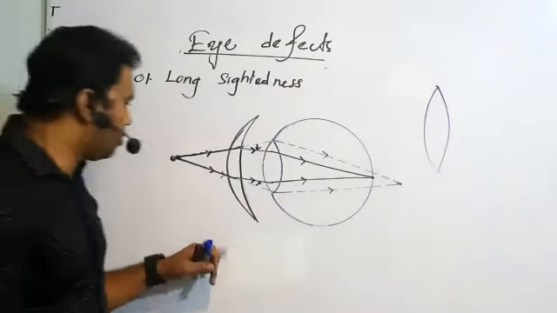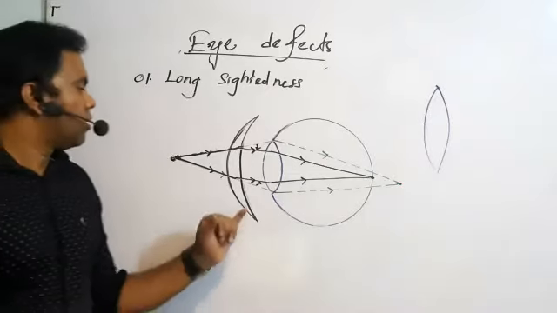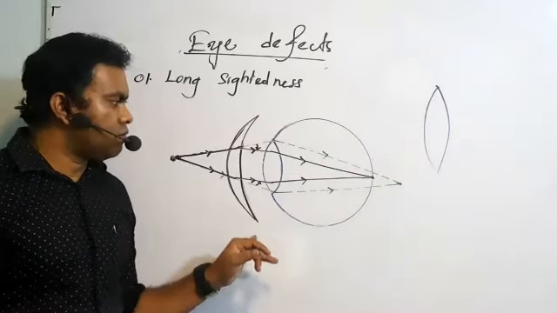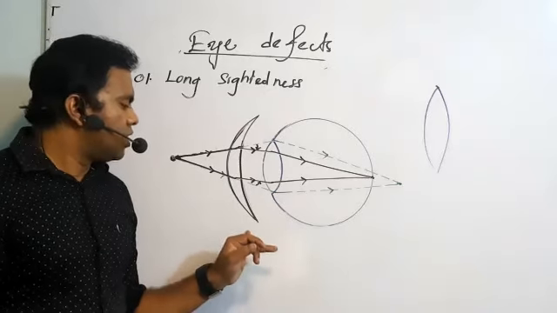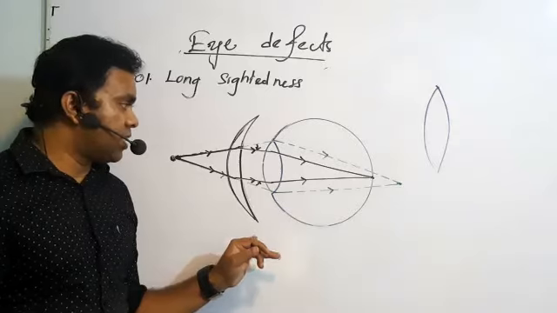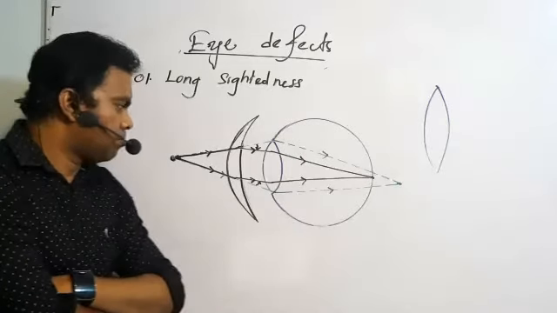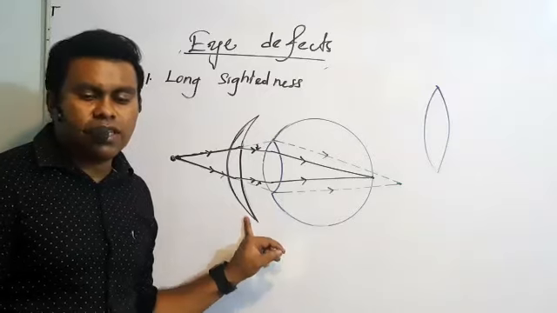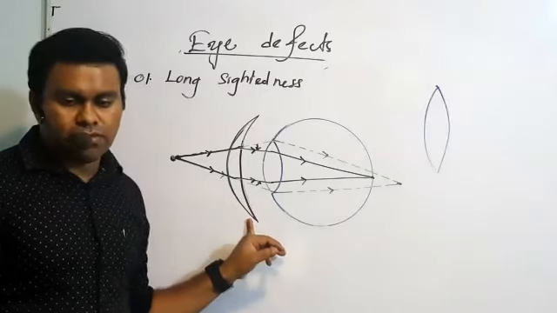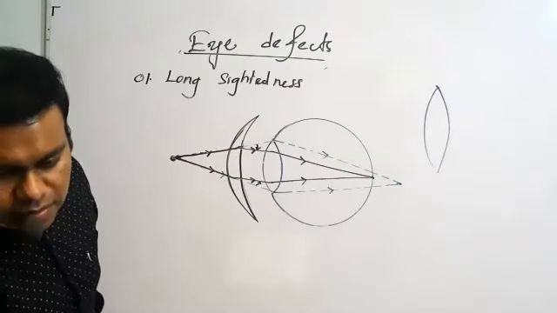Okay. Now take down the solution by words. Solution for the long-sightedness is wearing spectacles with convex lenses.